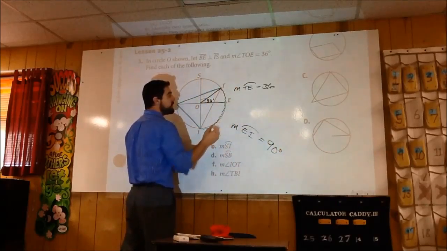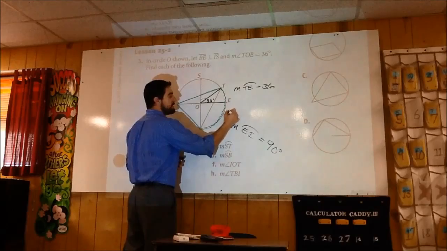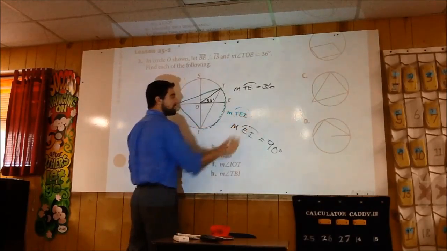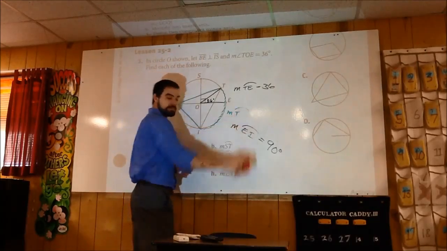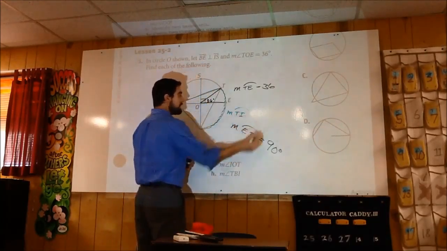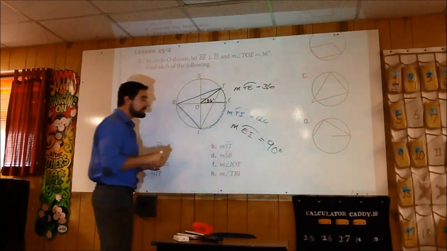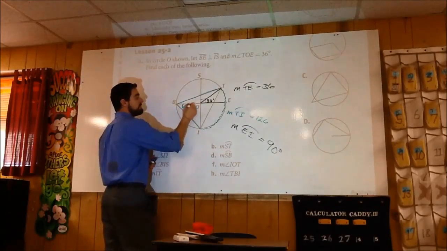So add those two up. The green intercepted arc, arc TEI, I guess we should only use 2 letters because it's a minor arc, sorry, is 126. So half of that would be 63. Yes. 63 degrees.